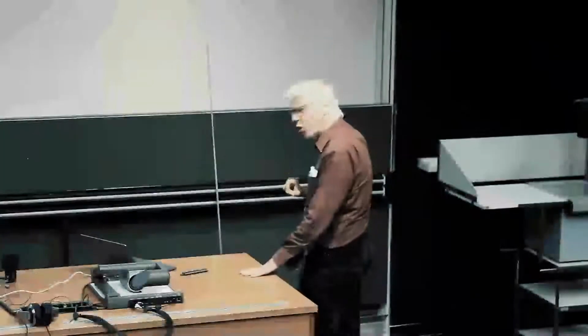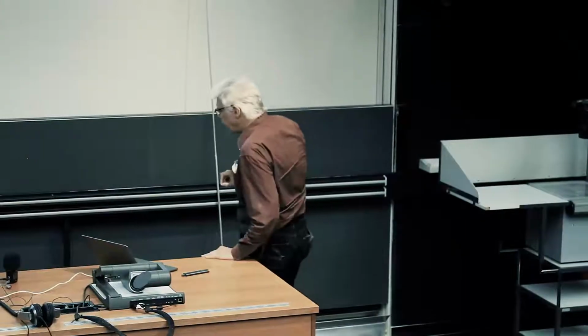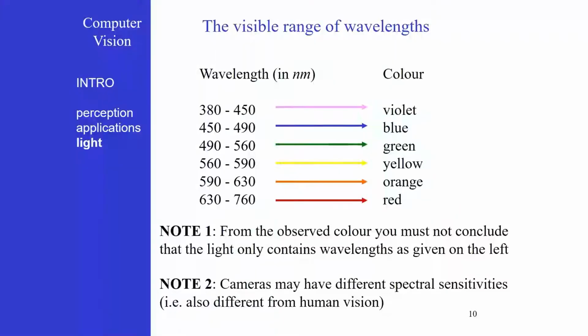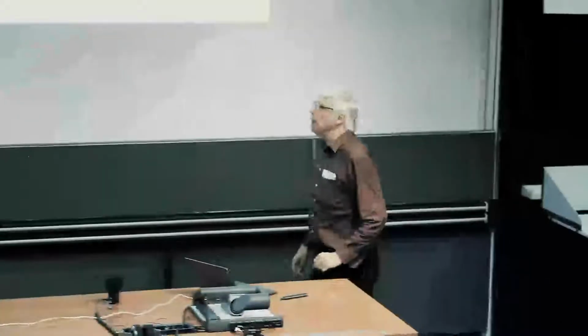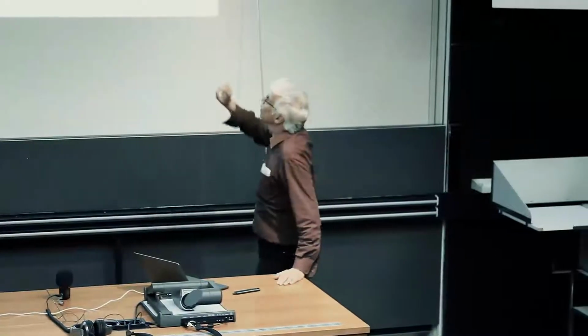Now, the first thing to note, and that's maybe a bit counterintuitive, these arrows are directed. So you have certain ranges of wavelengths, and out of these wavelengths follow certain colors. But these arrows cannot be put in the other direction.